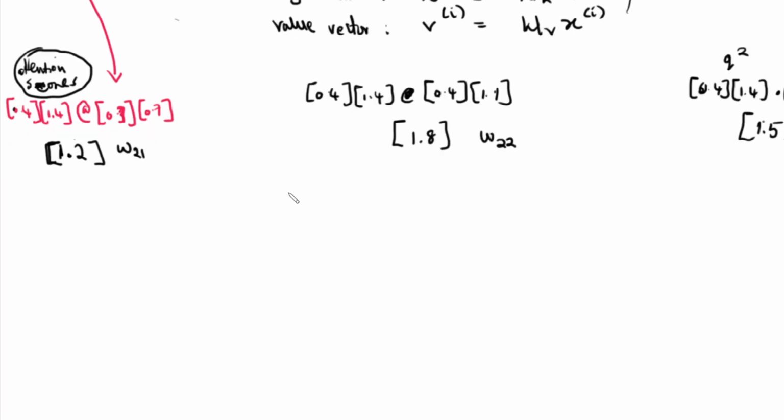Now you remember that from attention scores, because these are unscaled, we need to scale them. When they are scaled, we'll then create what are called attention weights, right? So let's scale them. The scaling we are going to do is slightly different to the scaling that we did previously.